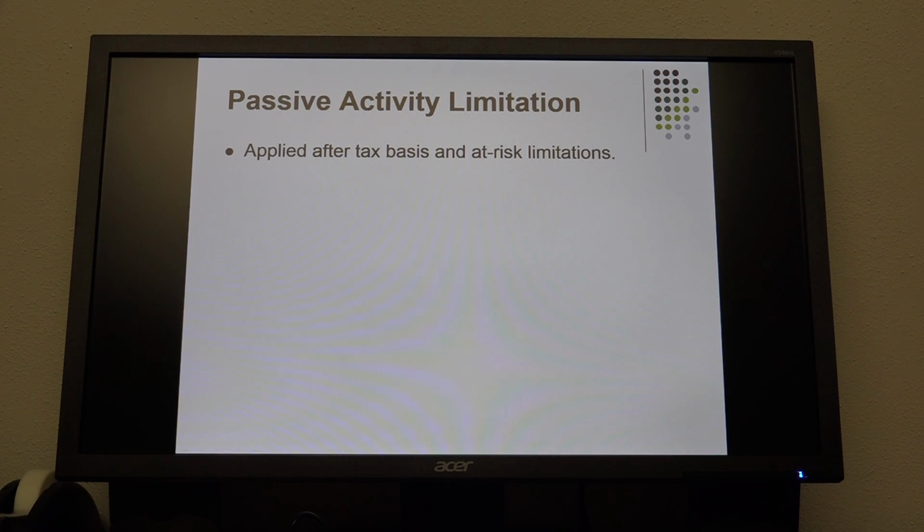I think what they're trying to do is make sure that not only does the taxpayer have some skin in the game, as far as having enough basis and at risk involved in this activity, but they also want to make sure that there's some substantial participation in the activity by the taxpayer, not just sitting back and letting somebody else handle it.